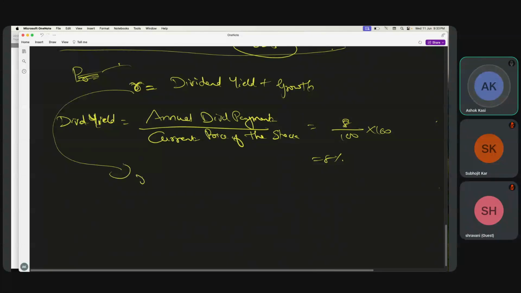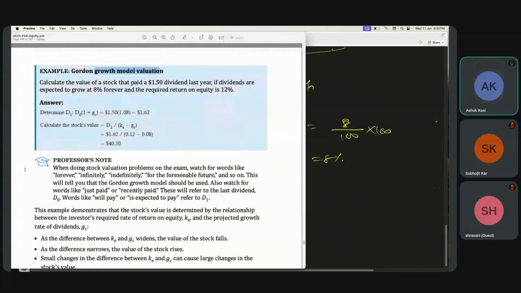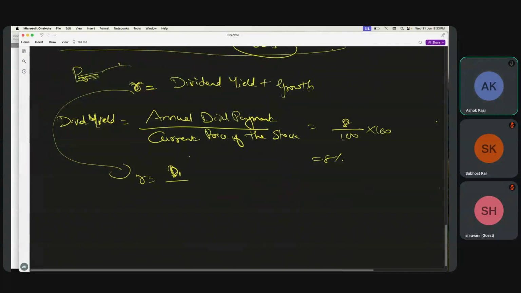Coming to this one, R is equal to D1, the expected dividend payment, divided by P0, plus growth. So this part is happening through dividends and this part through growth. Both together are your required rate of return.